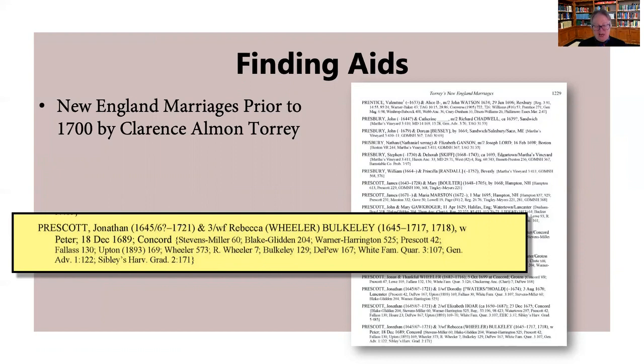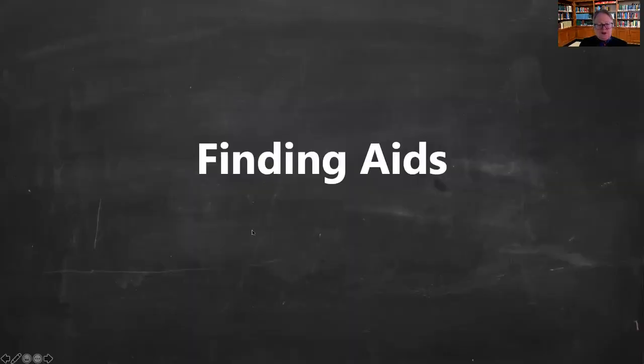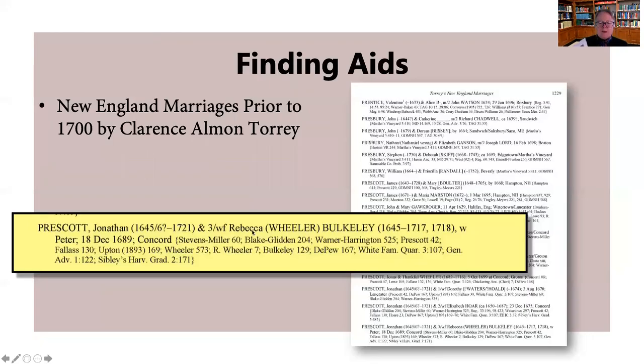Here is the marriage of Jonathan Prescott to his third wife, Rebecca Bulkley. So Rebecca Bulkley was the name of the woman when he married her, but Mr. Torrey also includes Rebecca's maiden name, Wheeler, in parentheses.